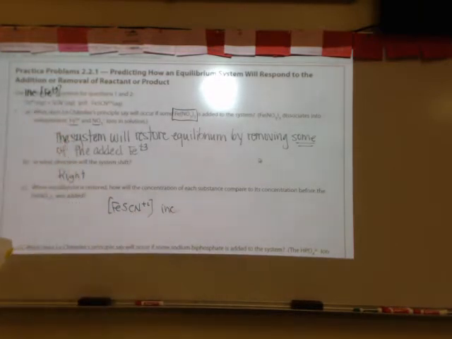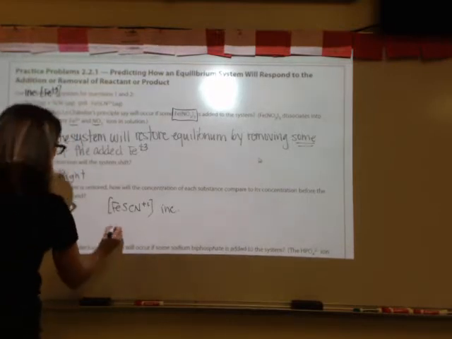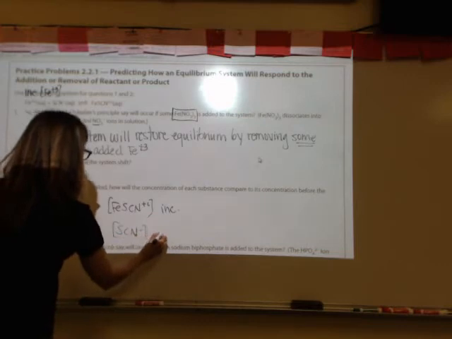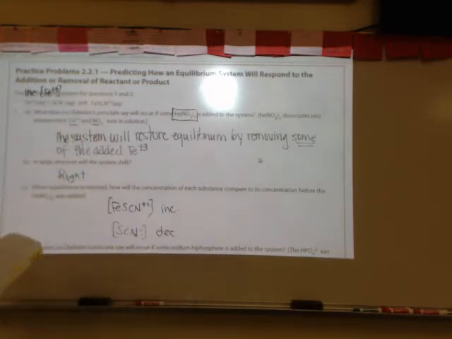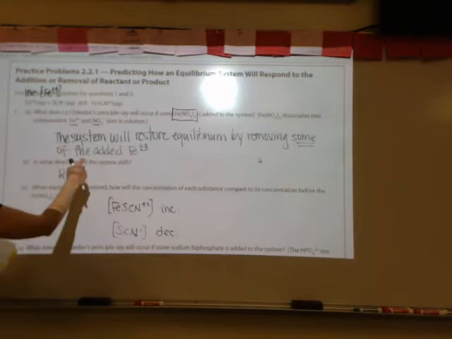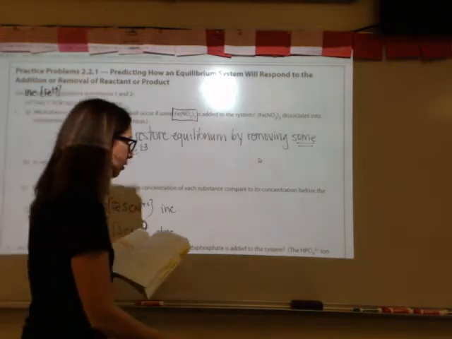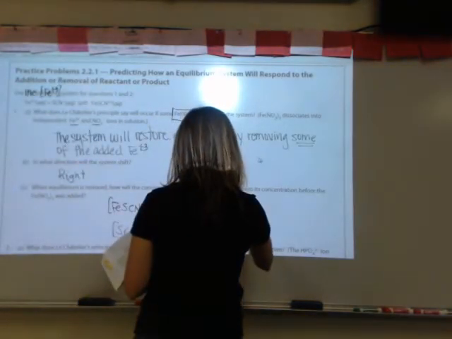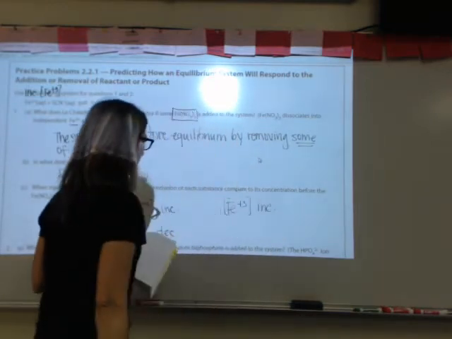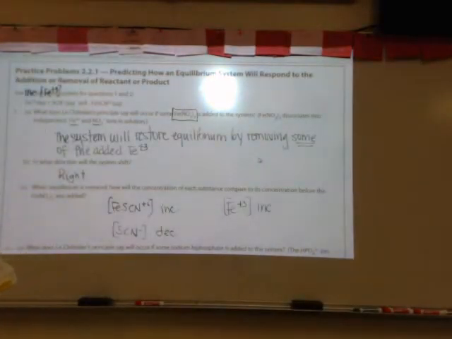And this SCN concentration, as I'm shifting right, is going to decrease because I'm consuming it. Since I had added Fe+3 ions, and I consumed some of it, but I didn't consume all of it, that means that overall the Fe+3 concentration increased because not everything was consumed.